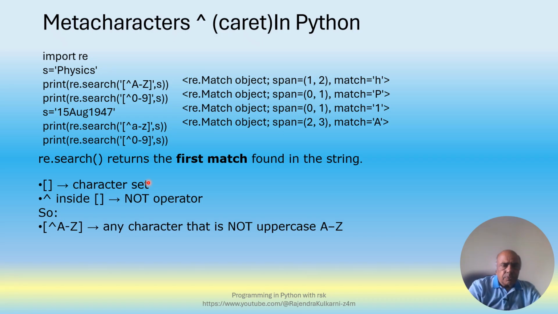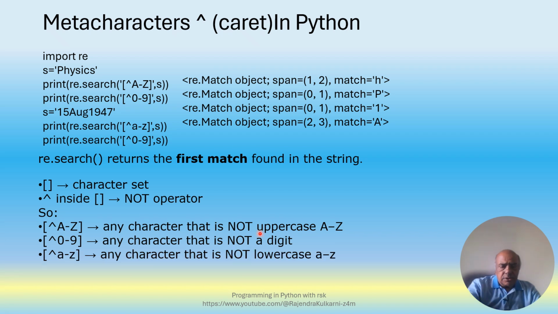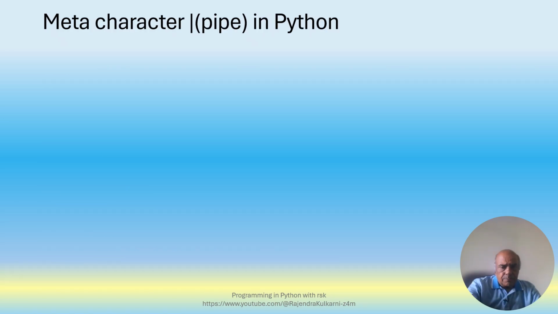So not A to Z means any character that is not uppercase between A and Z. Then not 0 to 9, any character that is not a digit, and not small a to small z, any character that is not lowercase a to z.